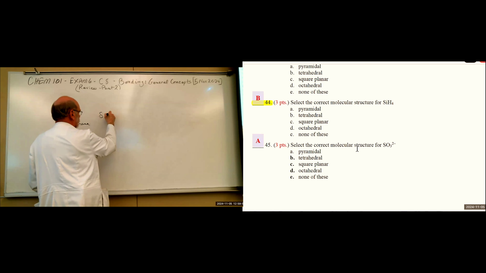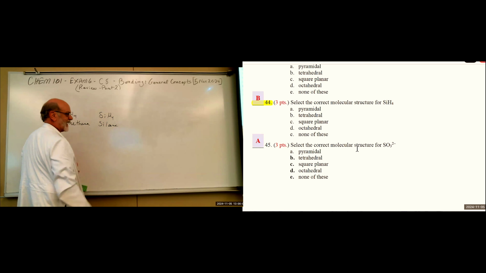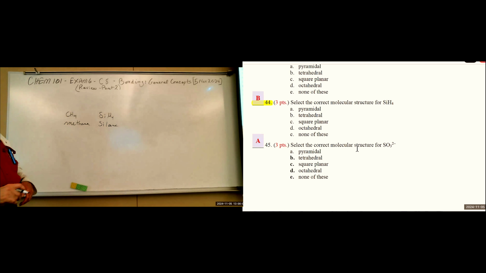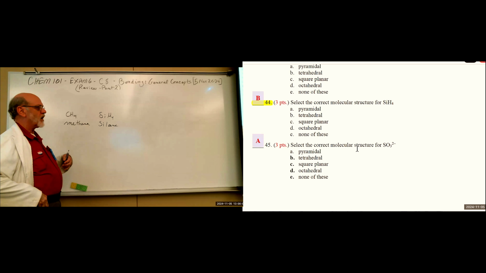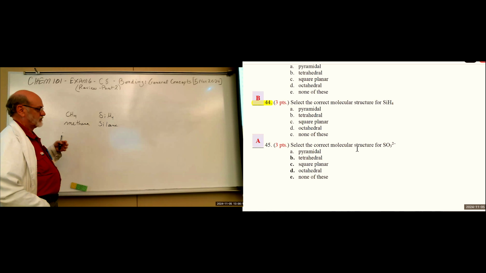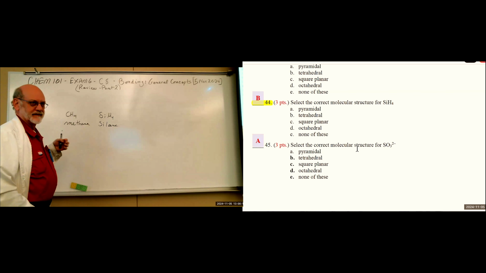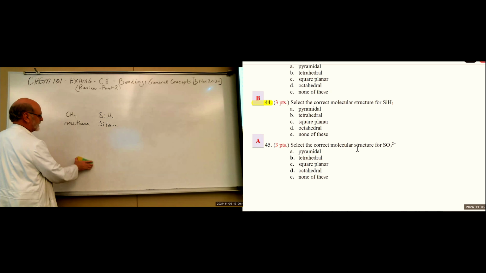So if we substitute silicon in there, we're going to call this silane. And I think that's the accepted name for it. I want to call it silicon tetrahydride, but carbon tetrahydride would sound funny. So methane is that, silane is that.